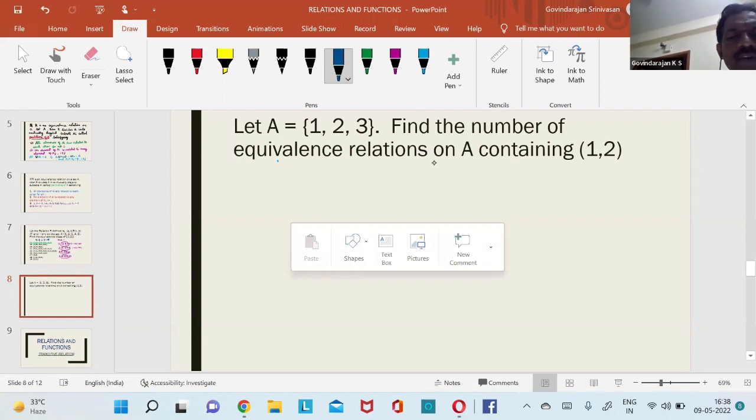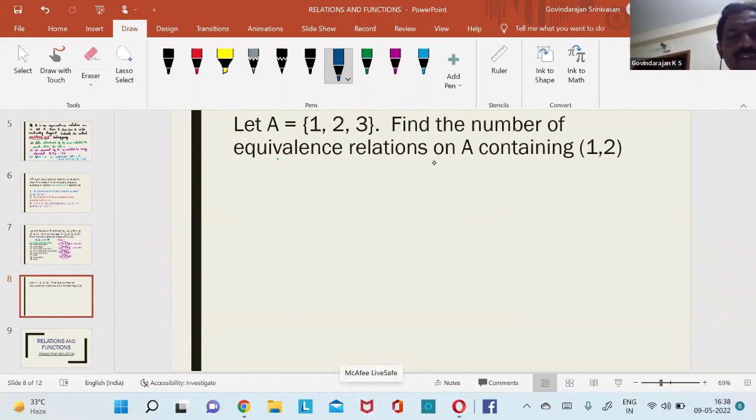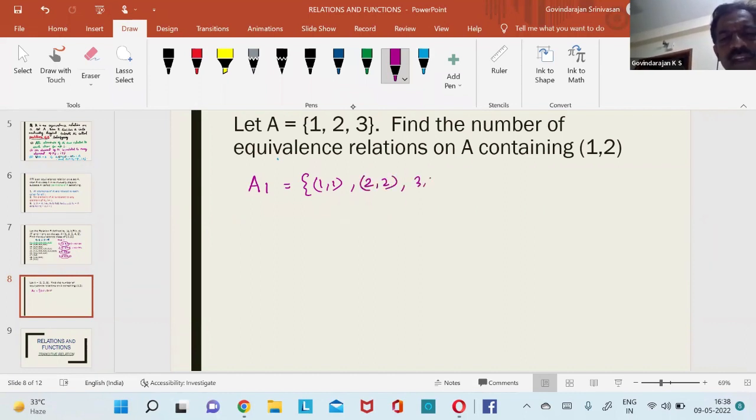So one equivalence relation, set A1. This is the smallest equivalence relation. I will write all the equivalence relations of the set A, and finally we can get the answer. So (1,1), (2,2), (3,3).